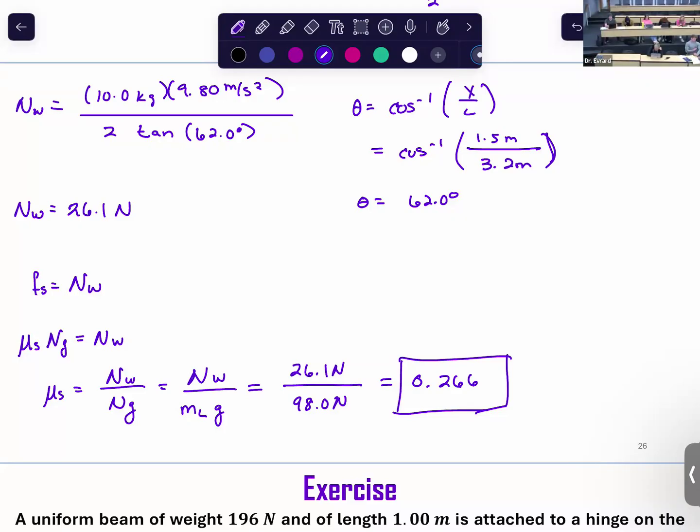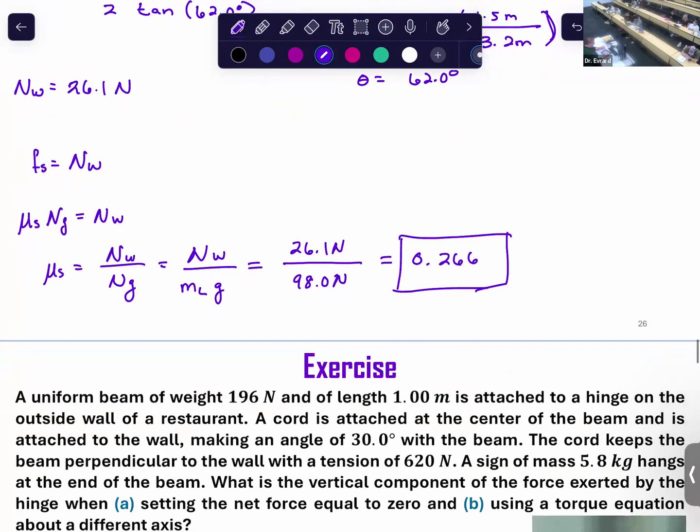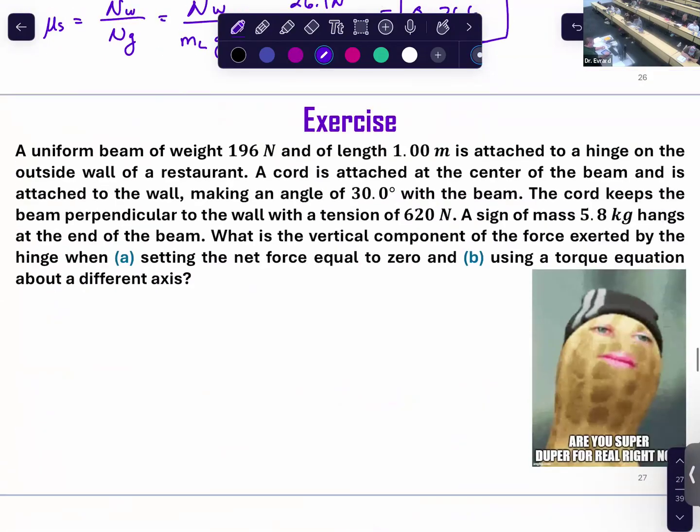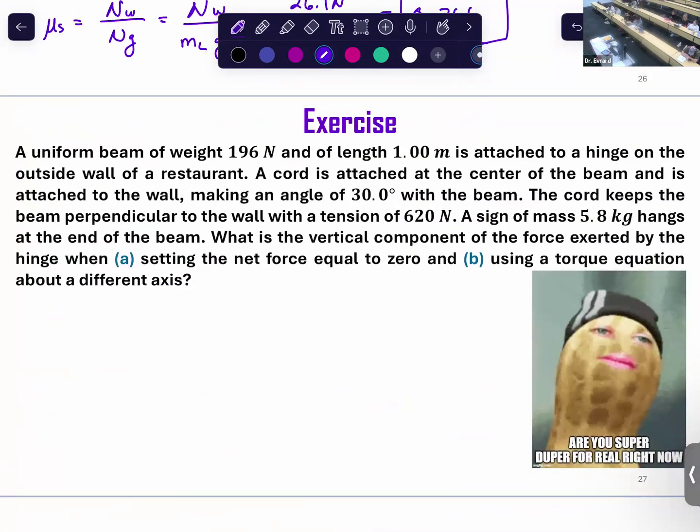Why do you keep repeating that? You just keep saying it over and over again. She has issues, okay, we'll talk about it. I just figured you would feel like this by this point. Are you guys super duper for real right now?